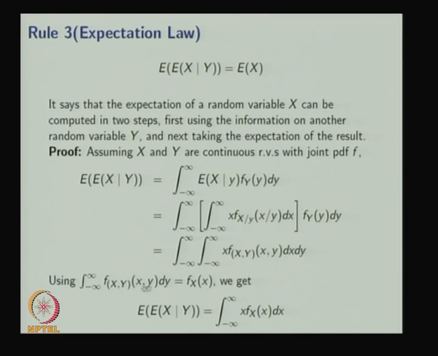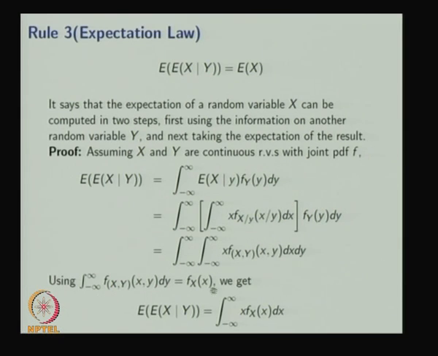Here the integration is with respect to y, therefore you get the marginal probability density function of x. Here the conditional probability density function multiplied by the probability density function of y gives the joint probability density function of x and y. Any two random variables' joint probability density function can be written as the product of the marginal distribution and the conditional distribution. So using that I am getting the joint probability density function.